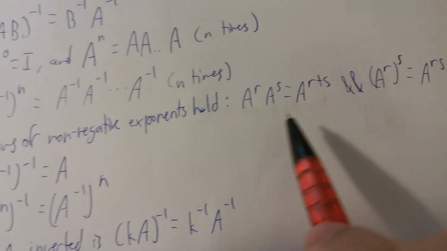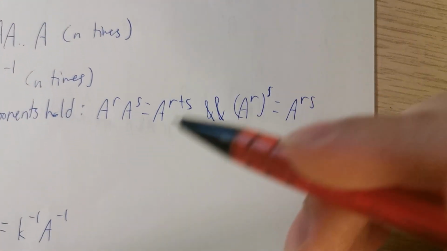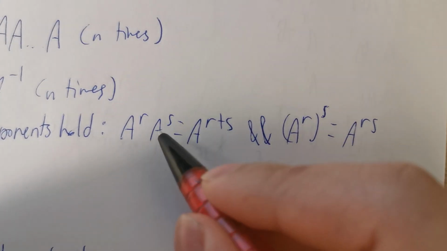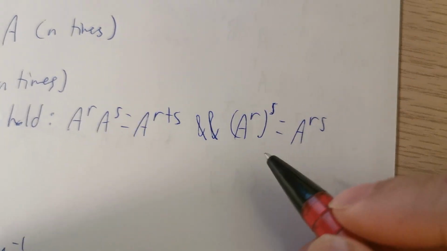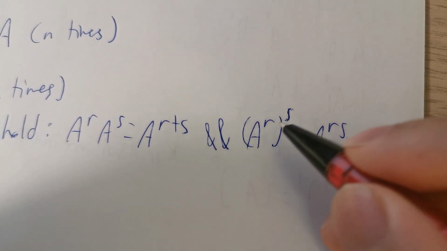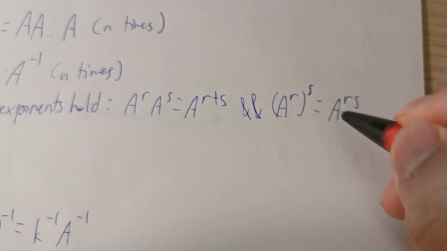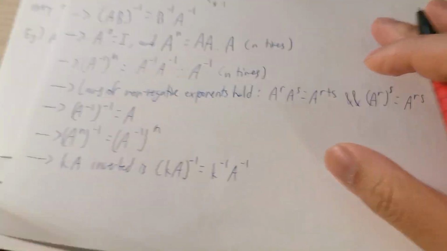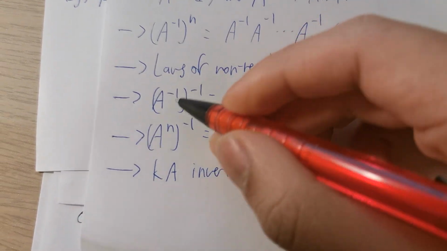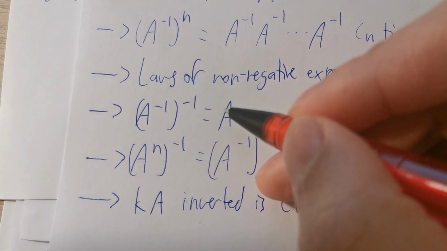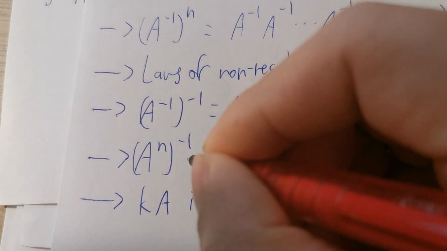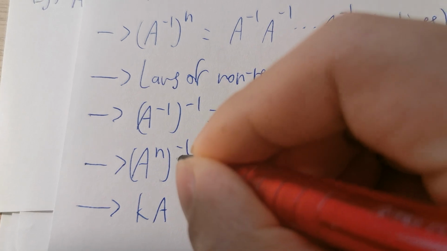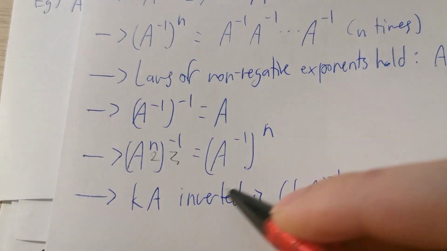This also keeps the general laws of exponents. So A to the power of R times A to the power of S equals A to the power of R plus S, and A to the power of R to the power of S is the same thing as A to the power of RS. Here the inverse of an inverse is just the original matrix. And if you have an inverse of the power, you can just move it around.